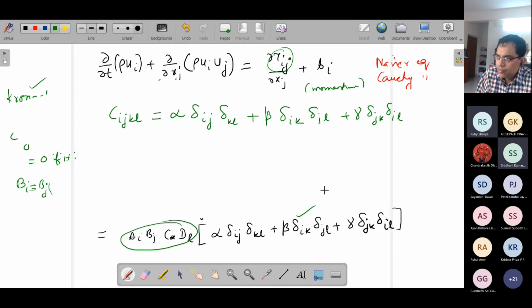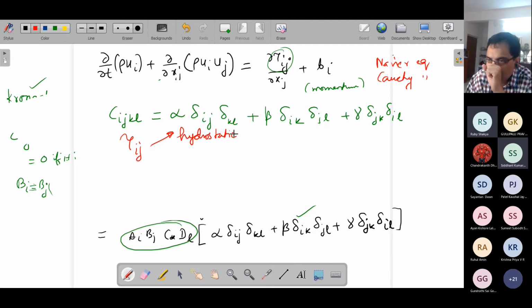will also follow all the physical principles that we have considered so far. One of the physical principles is the symmetry of tau ij. Now, if you see very carefully, the tau ij contains 2 parts, which are called hydrostatic.